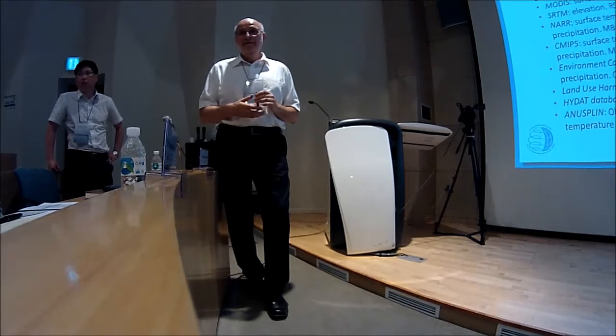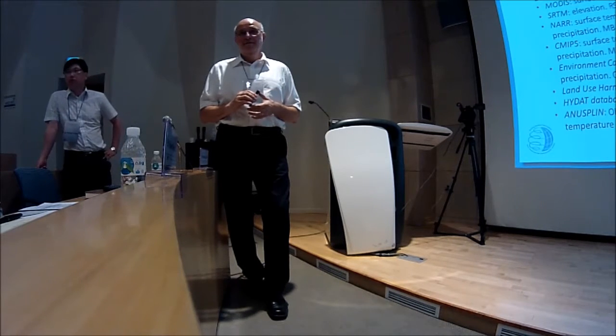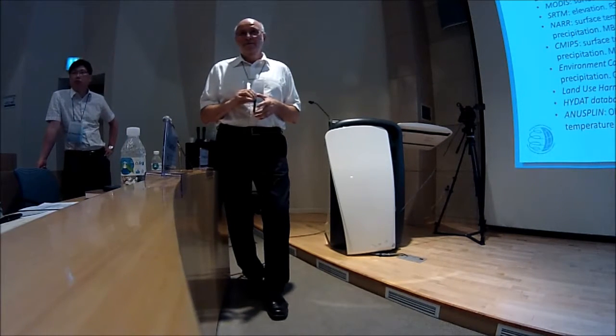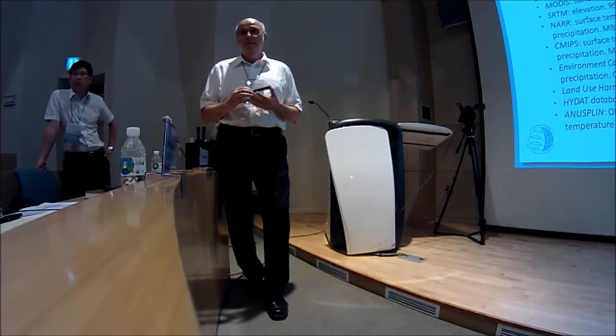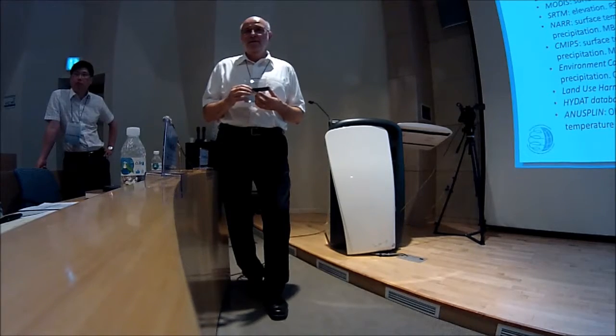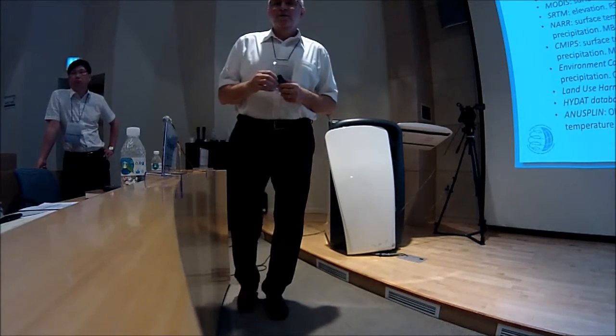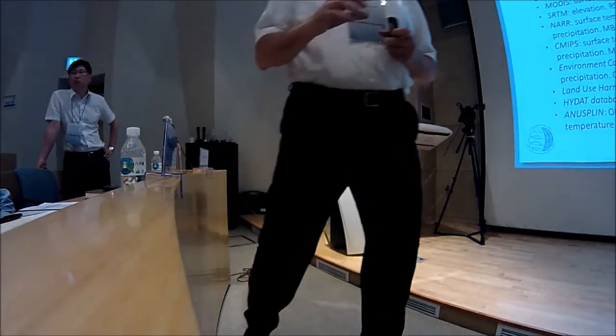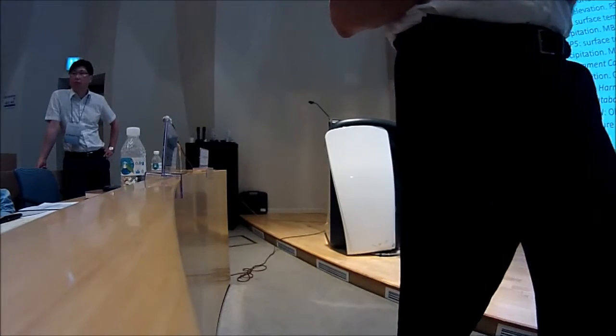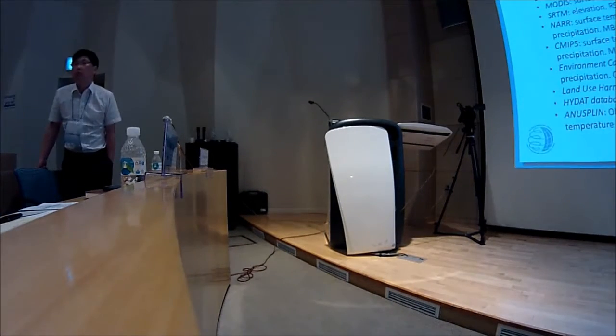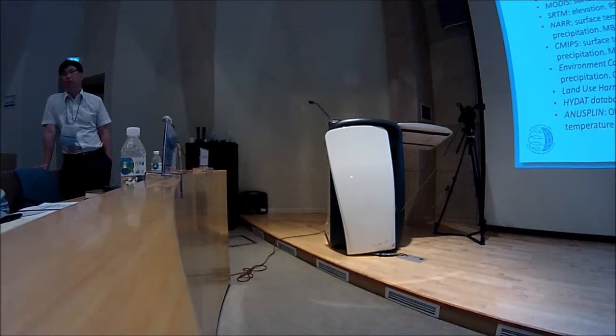So when you do the regression to the smaller field, how do you subgrid the GCM field? Just regrid it with similar values across? I didn't catch the question. When you develop a regression model, you have a subgrid. We did it for every pixel.